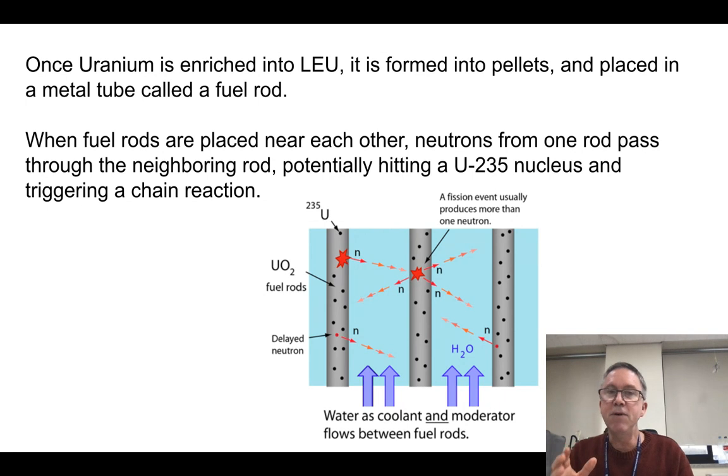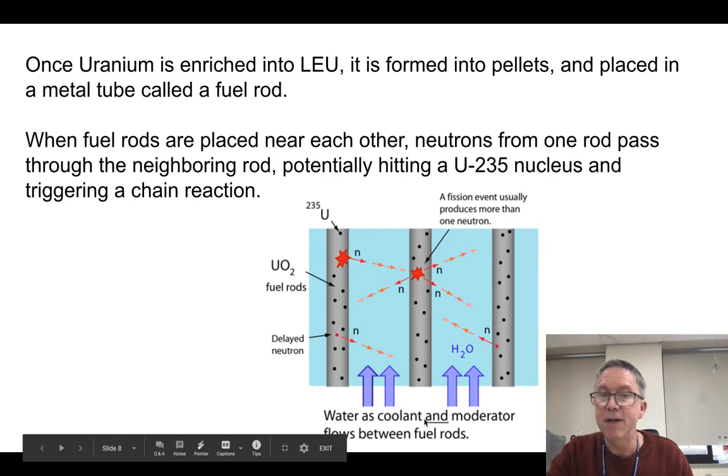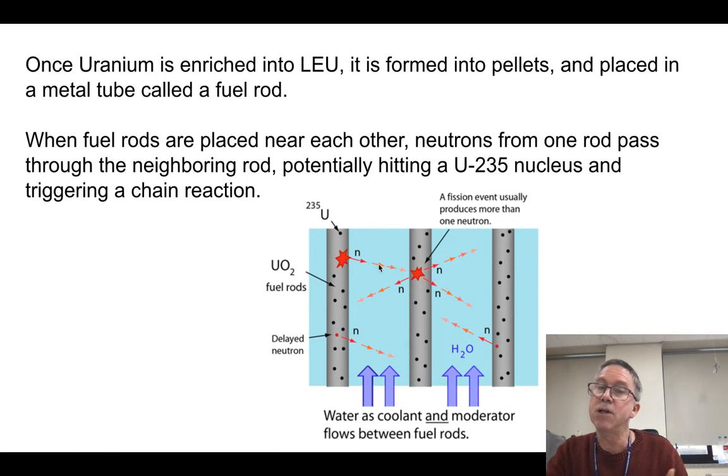All right. Now these fuel rods, when they're placed near each other, neutrons leaving one fuel rod pass through a moderator. Now that moderator is often water. It could be other things, liquid sodium, graphite, but basically it helps slow down that neutron to make it more likely to split another atom. It also serves to keep the reactor cool.